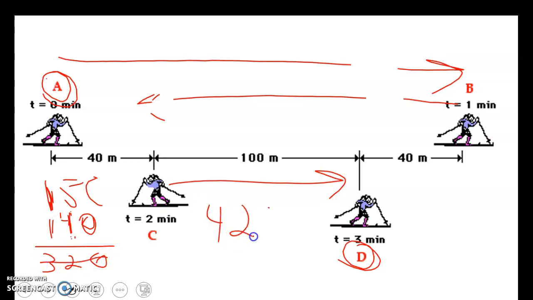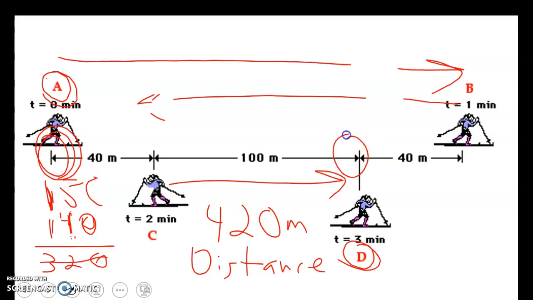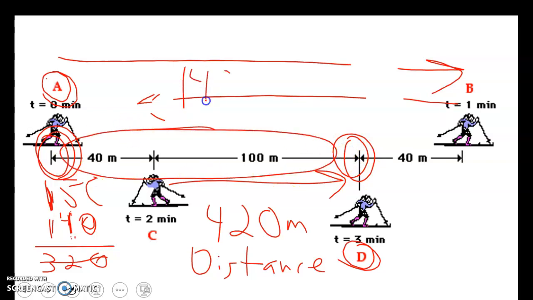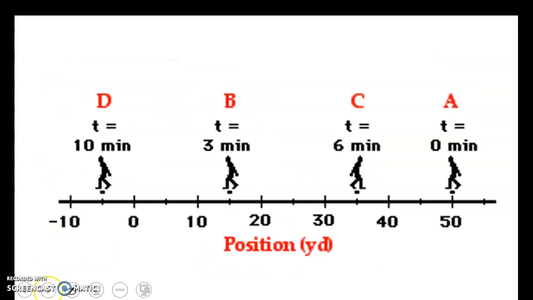So we went 420 meters. That 420 meters was our distance traveled. Our displacement is where we started to where we finished, which is this distance here, or 140 meters. So our displacement was 140 while our distance was 420.